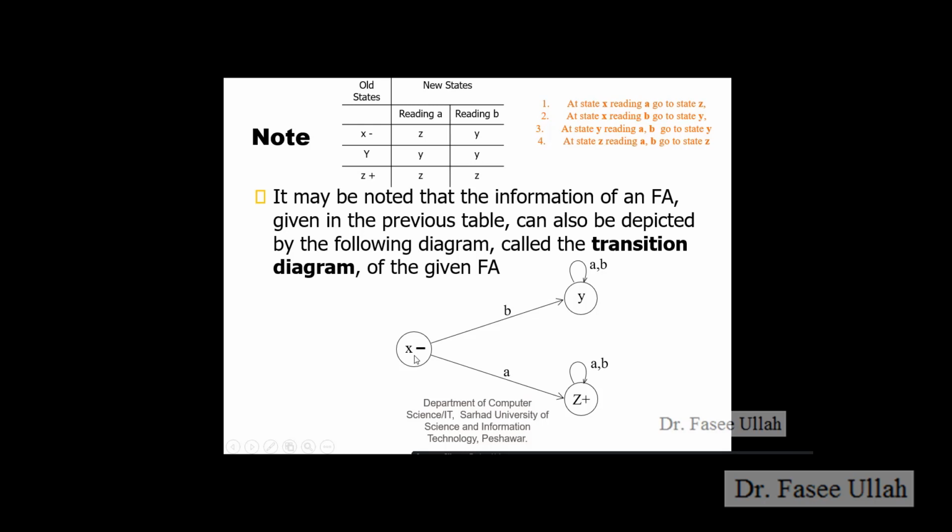At the beginning, at state X, reading A, go to Z. This is the transition; it reached Z, we have read A. Then it will read B and reach Y. Again on state Y it will read A and B. This is the looping, the recursion. And the same for Z as well.